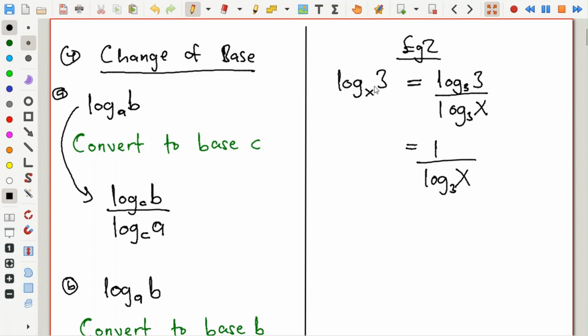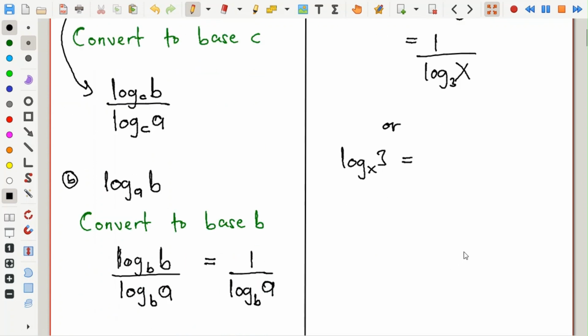So what people do is that when they are converting to, let me give you an example of what I'm saying, when they are converting to let's say base 3, you're just going to swap your base and your argument. If they say convert to something that is your argument, you just swap them.